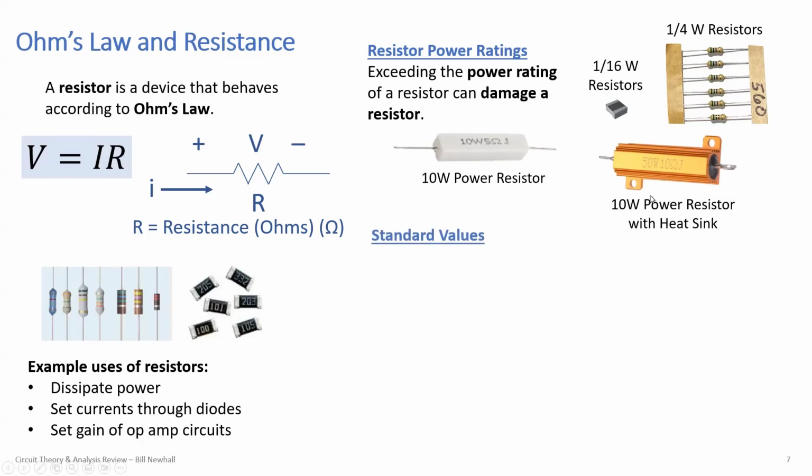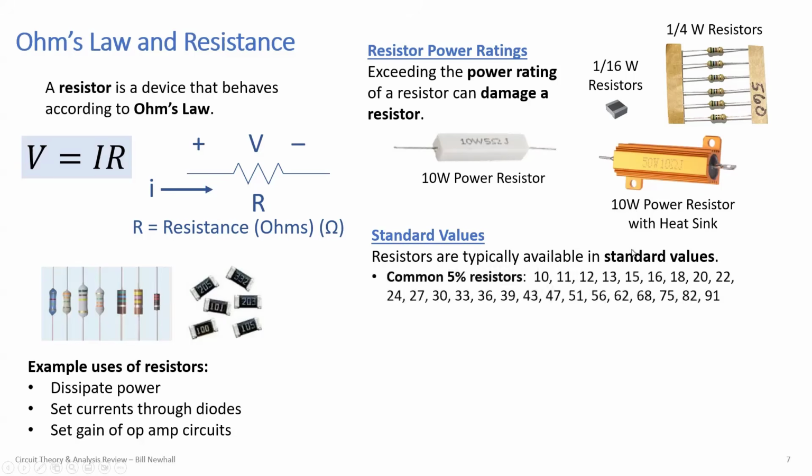There are standard values of resistors, and resistors typically, depending upon their tolerance, are given in these standard values. So 5% resistors, these are what you have in lab. This means if you have a 5% resistor, you can only find these values, right?